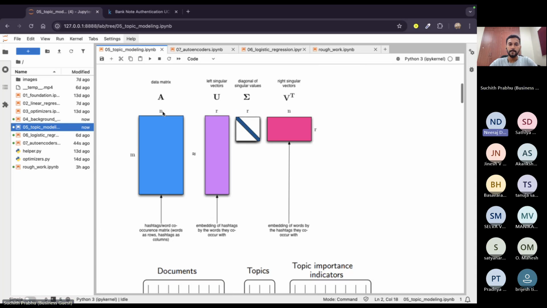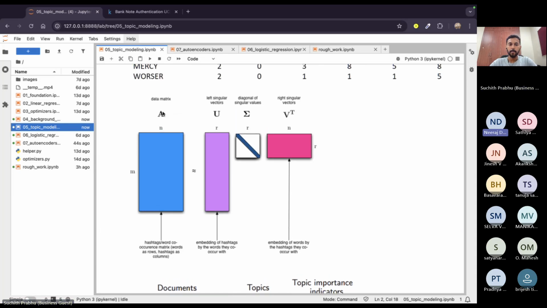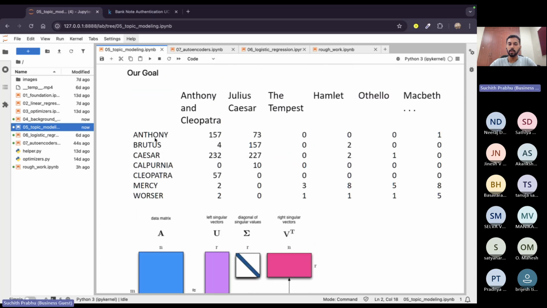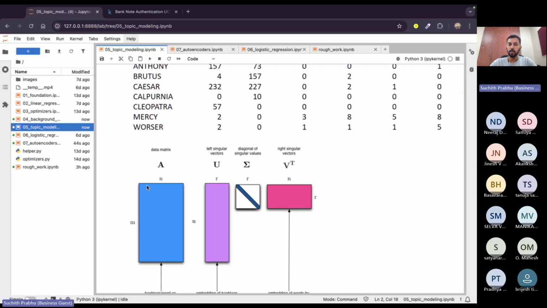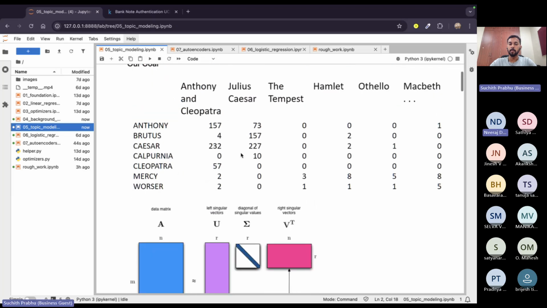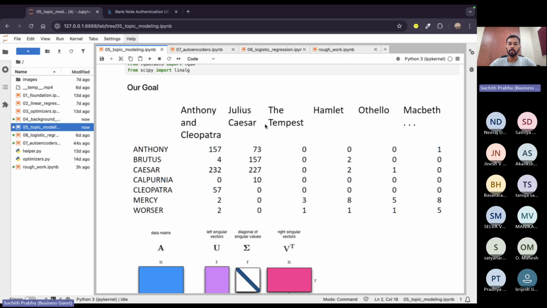In the base data matrix, each row represents a document, and the columns are the total number of words present. The words give an idea about the topic of the document.